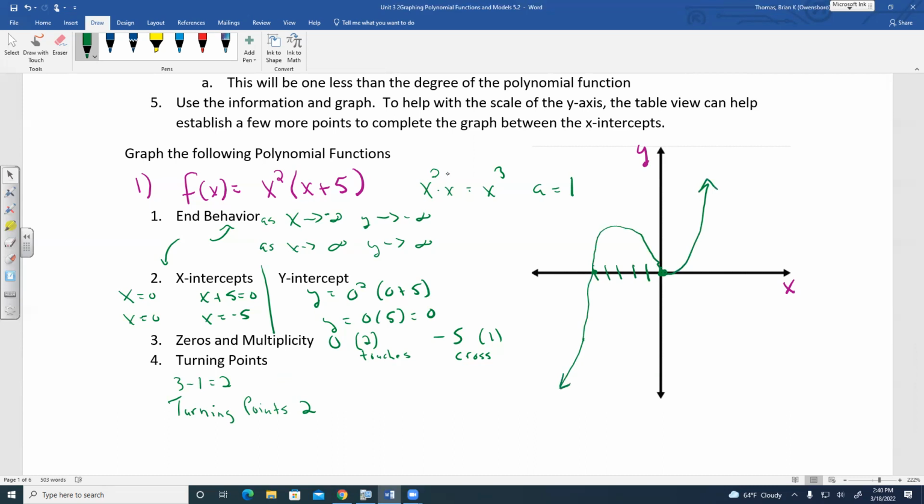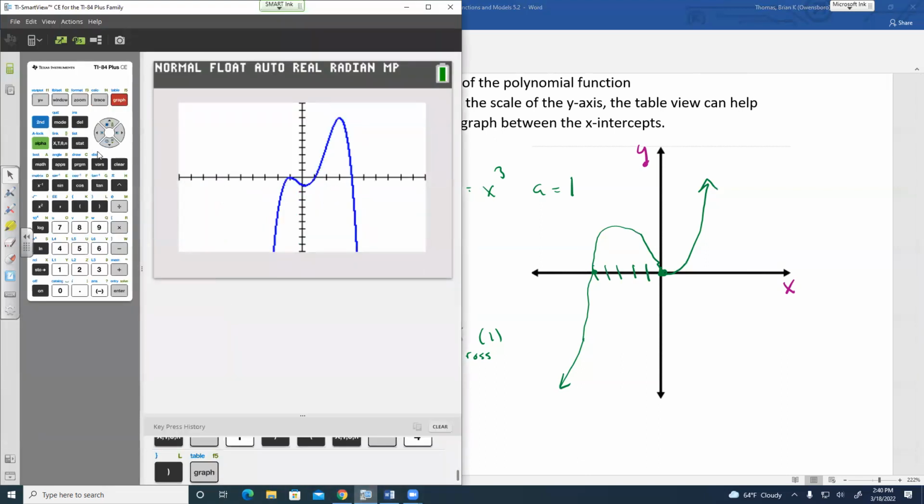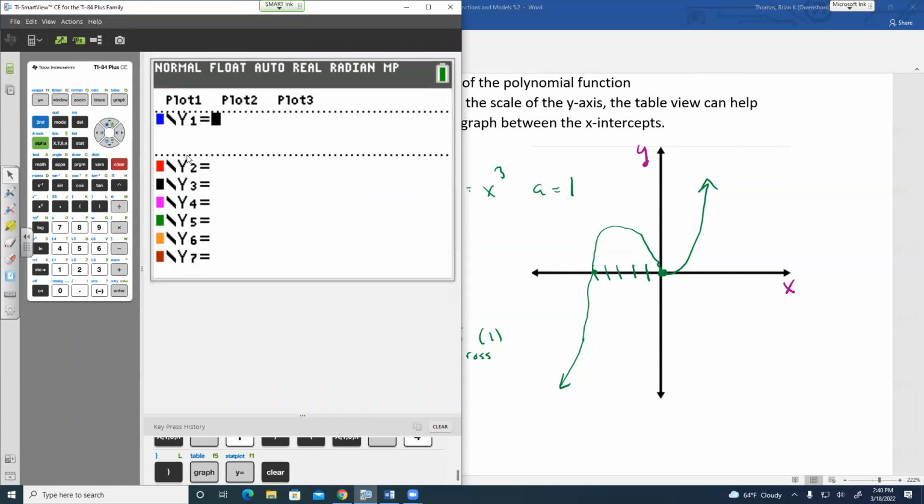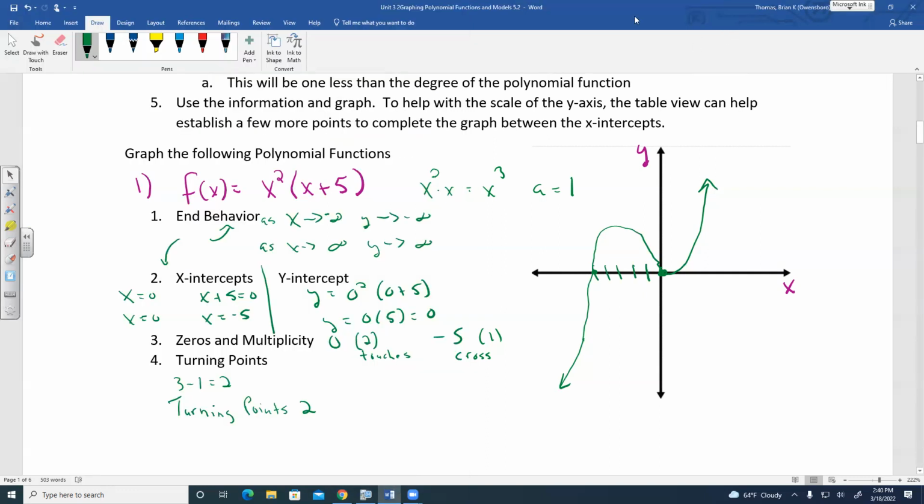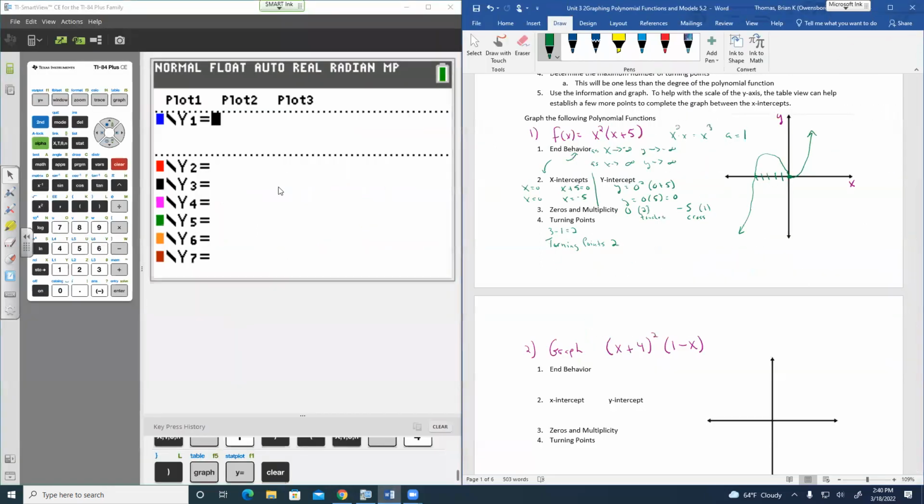And again, what happened between the x-intercepts, if we wanted a better graph, we would have to find a point in between there to get a more accurate graph. So let's see if our graphing calculator can help us out a little bit as well. So y equals, and if I clear that off, what do we say that was again? So I have x squared times x plus 5.